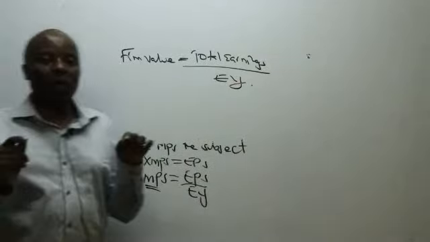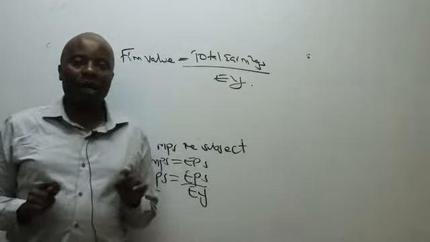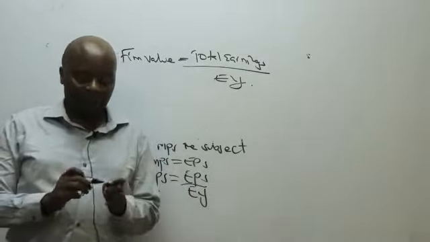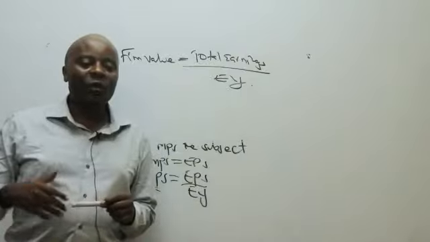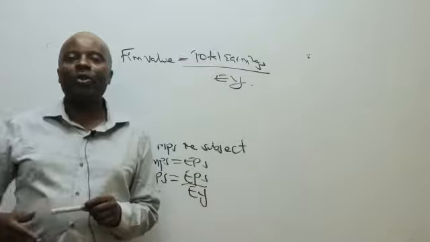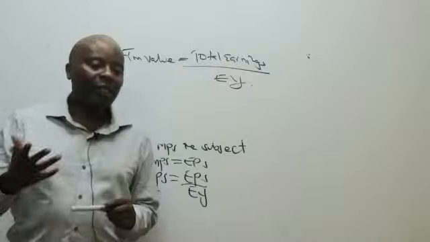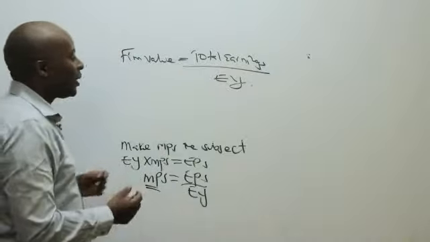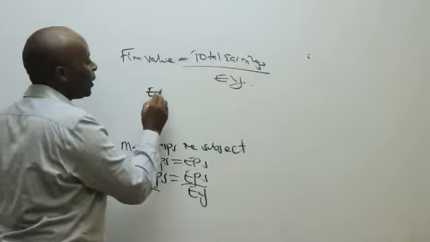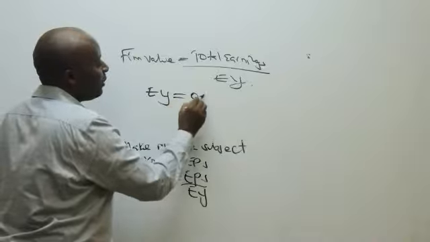So when I go to the acquisitions table, I'll ask them a very simple question. Do you know your earnings yield? Then they'll tell me, yes, for sure we know the earnings yield of this company. We know, for example, that it is 0.5.